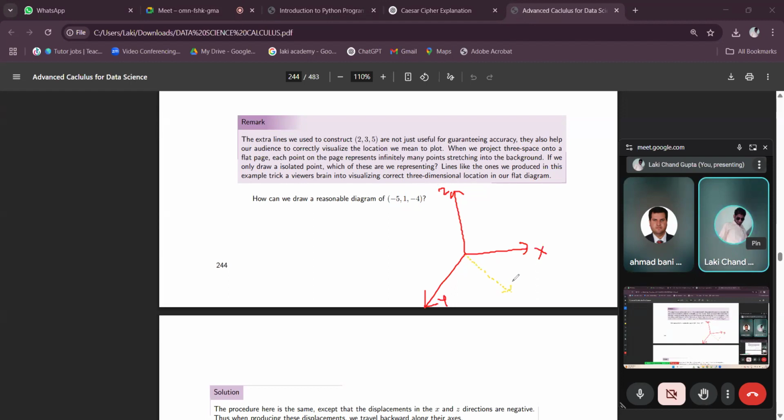This is the negative z-axis, this is the x-axis, and this is the negative y-axis. So you can see the first coordinate is negative, it means -5. Then y is positive, positive means come this side, 1.